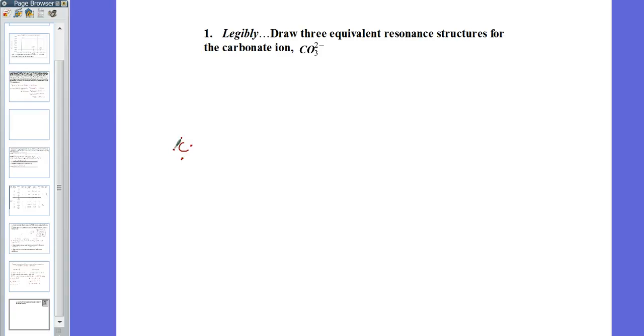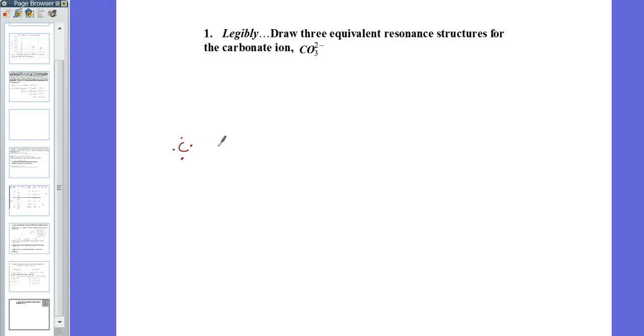It's in group 4A. Oxygen has 6 valence electrons, and you are going to use 3 oxygens. So it looks like you're going to have to give the central atom an octet, and your oxygens an octet as well.